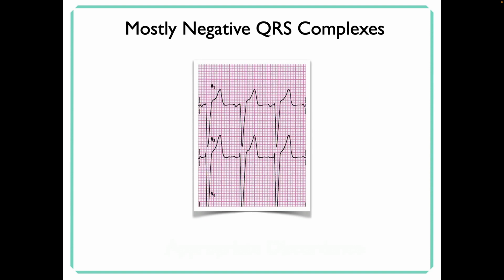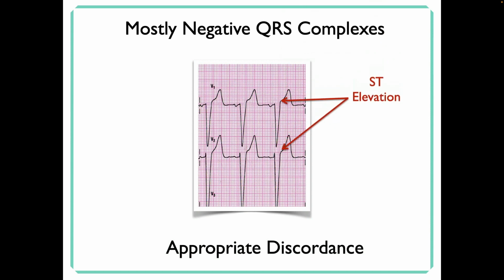And do you see appropriate discordance here? Yes. So the QRS goes down, the J point is above the isoelectric line, and the T wave goes up. And again, for Sgarbossa criteria, I'm much more interested in the J point than the T wave.